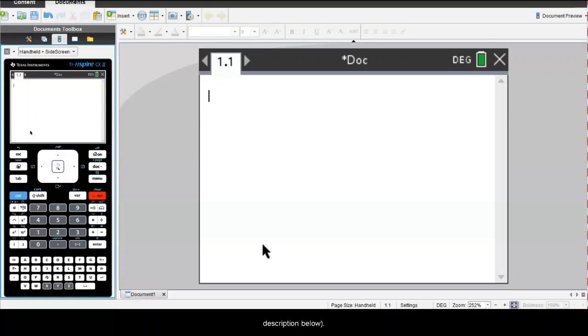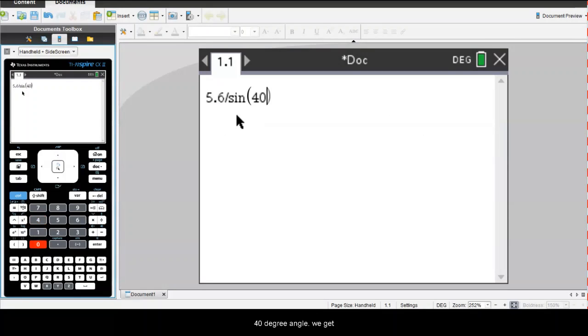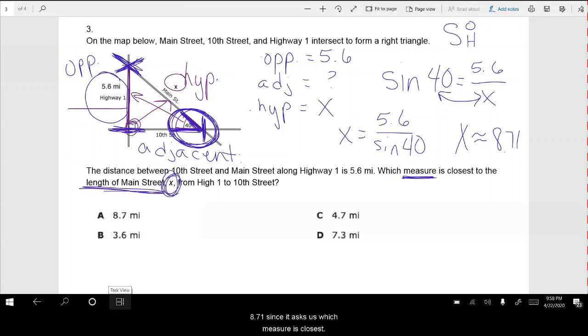Link in the description below. So we are going to go 5.6 divided by, hit our trig button, go with sine of a 40-degree angle, hit enter, we get 8.71. Since it asks us which measure is closest, we're going to choose A, 8.7.